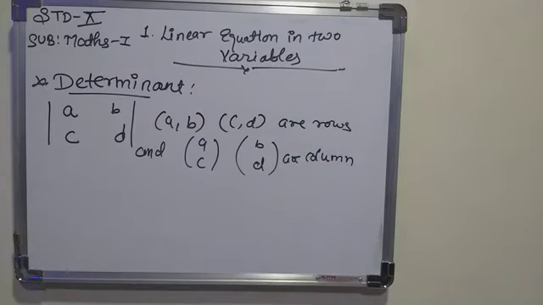So in a determinant you have two elements in each row and each column. You have two rows, two columns, two elements in rows and two elements in columns.